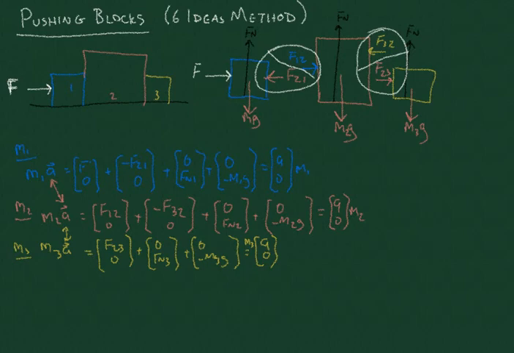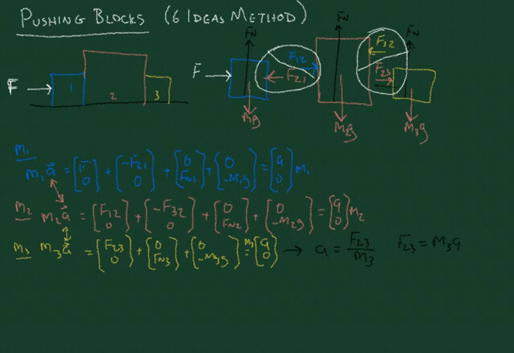So now we can look at this last equation and we can actually solve this. And so we say that the acceleration a is equal to f23 over m3. Or similarly, we can say that f23 is equal to m3a.